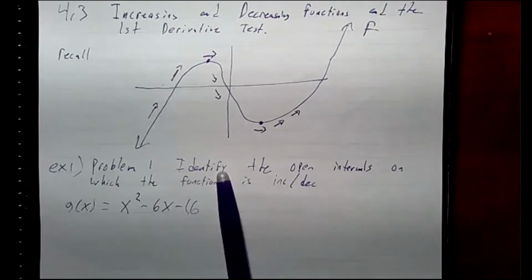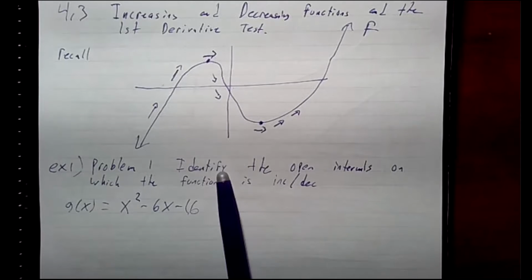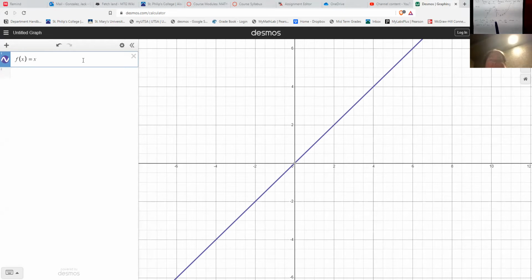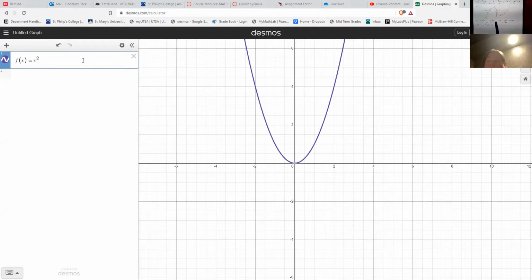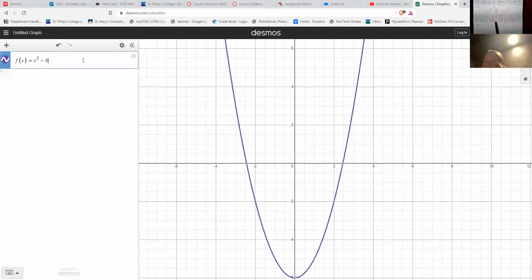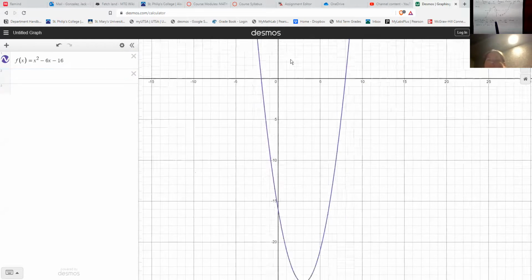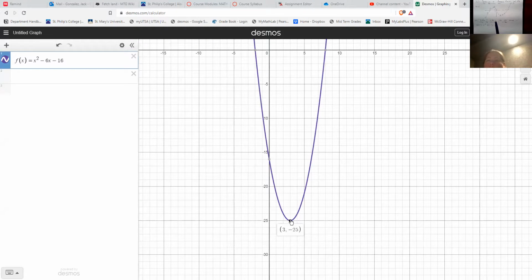So here's some G function. Now, if we were to graph that guy, we could tell right away, right? So here is the critical number.